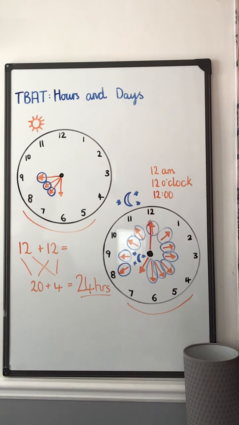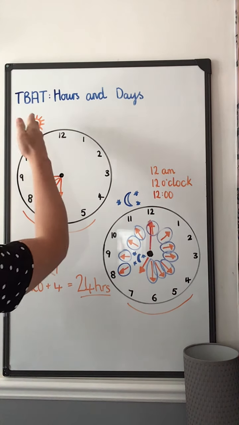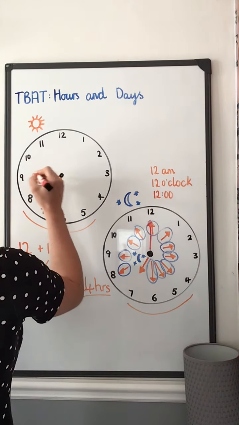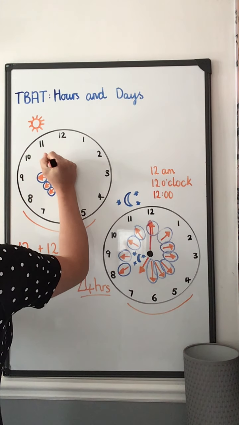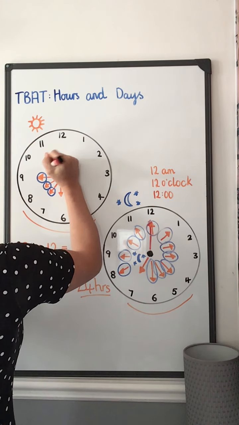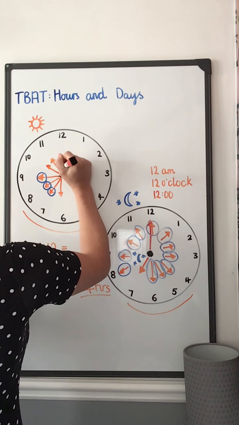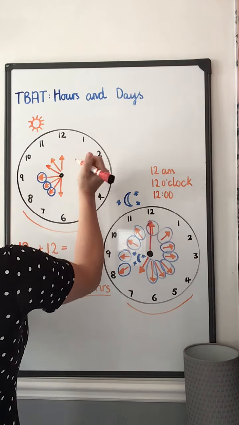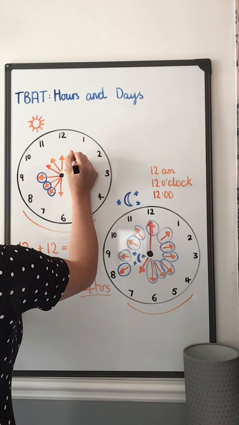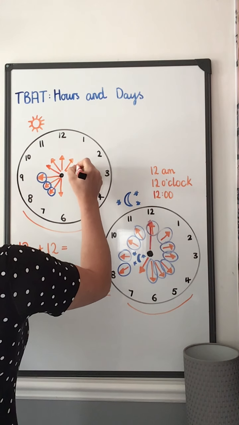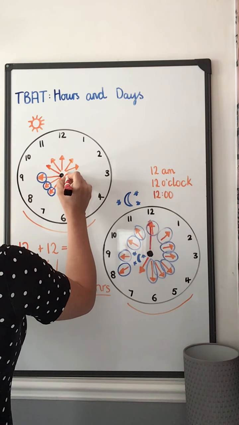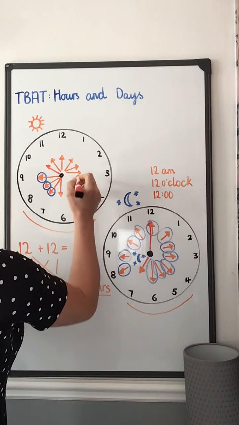So how long are you at school for? Let's go back to our day clock. You start school at 9 o'clock. You're there at 10. You're there at 11. You're there at 12 o'clock in the afternoon for lunch. You're there at 1 o'clock. You're there at 2 o'clock. And you're there at 3 o'clock.